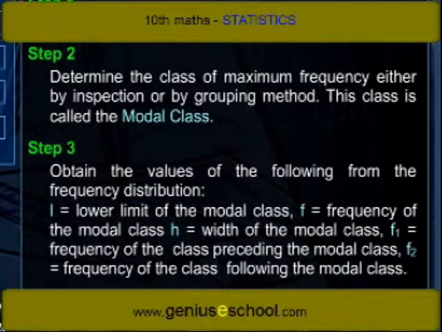Step 3. Obtain the values of the following from the frequency distribution. L is equal to lower limit of the modal class. F is equal to frequency of the modal class. H is equal to width of the modal class. F1 is equal to frequency of the class preceding the modal class. F2 is equal to frequency of the class following the modal class.